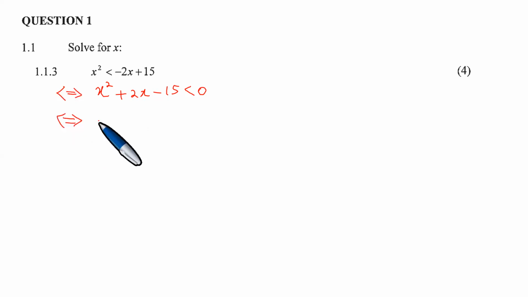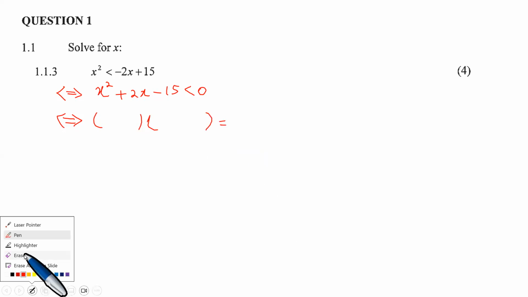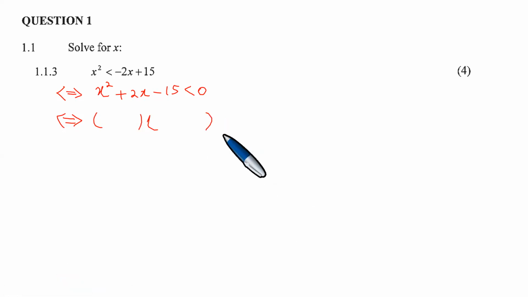We are therefore able to factorize this quadratic expression into a product of two linear factors. The factors of x squared become x and x.